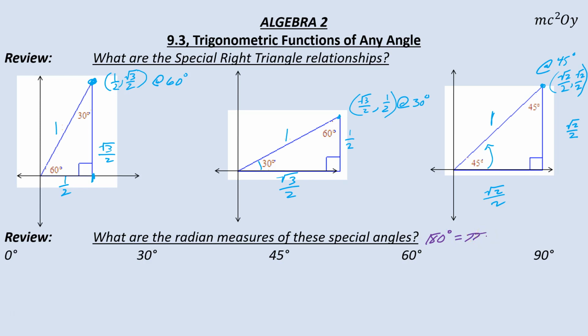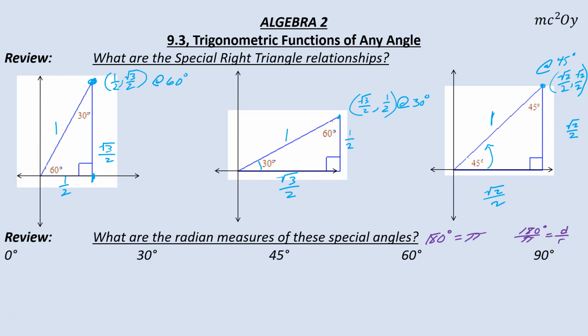Okay, and we can use a ratio to figure out or convert between radians and degrees. We could say 180 degrees over pi radians equals degrees over radians, and we can convert between radians and degrees that way using that proportion. We've done that before.